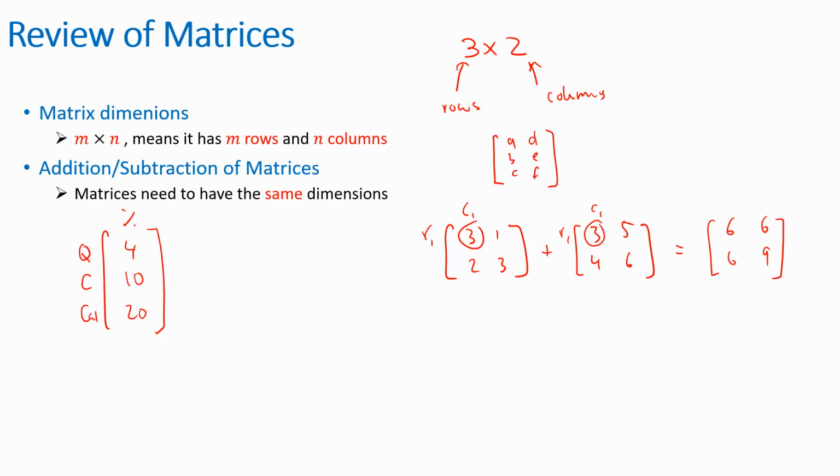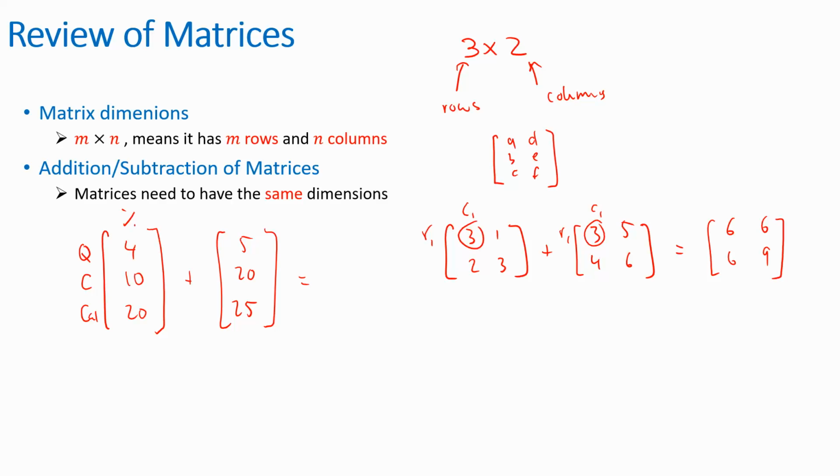If we're now adding another matrix, your retest, where you get 5% for quadratics, then 20%, and 25%. When we add it together, your total percentage so far after the retest, you would say for quadratics, it would be 4 plus 5. You wouldn't do 4 plus 20, because that was a different test.